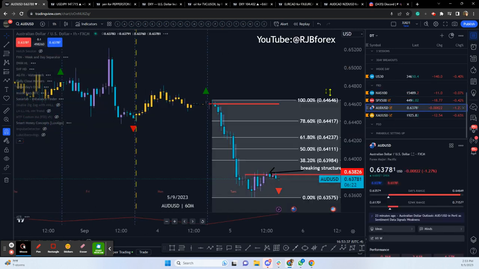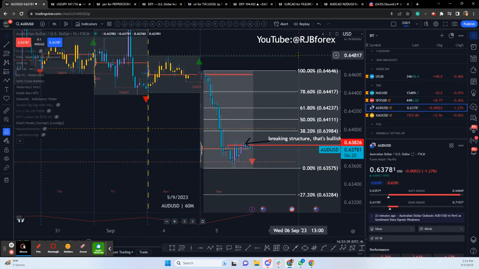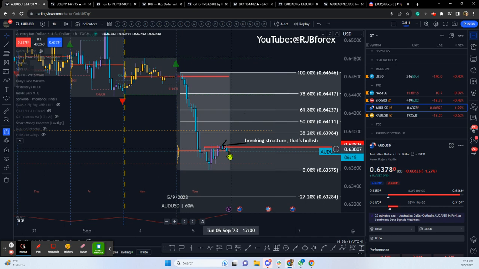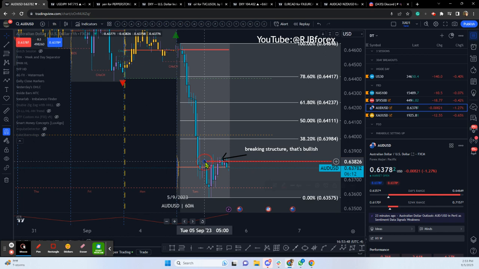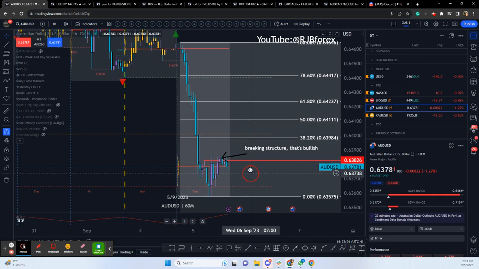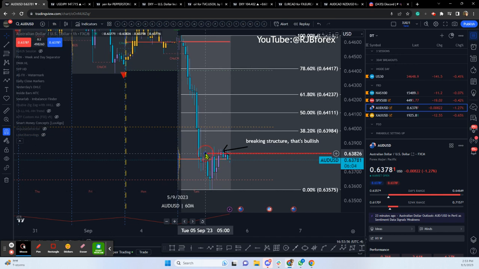Now we're looking for the Oz, trying to break structure to the upside. This was the lower high before the lower low. So that is a resistance area. We've come up a few times into it. I'd say that's pretty much broken resistance.